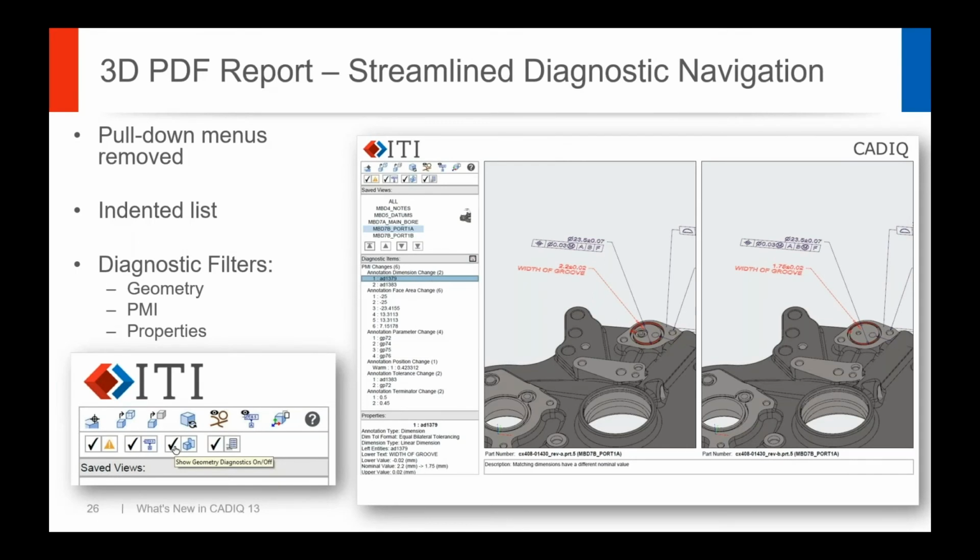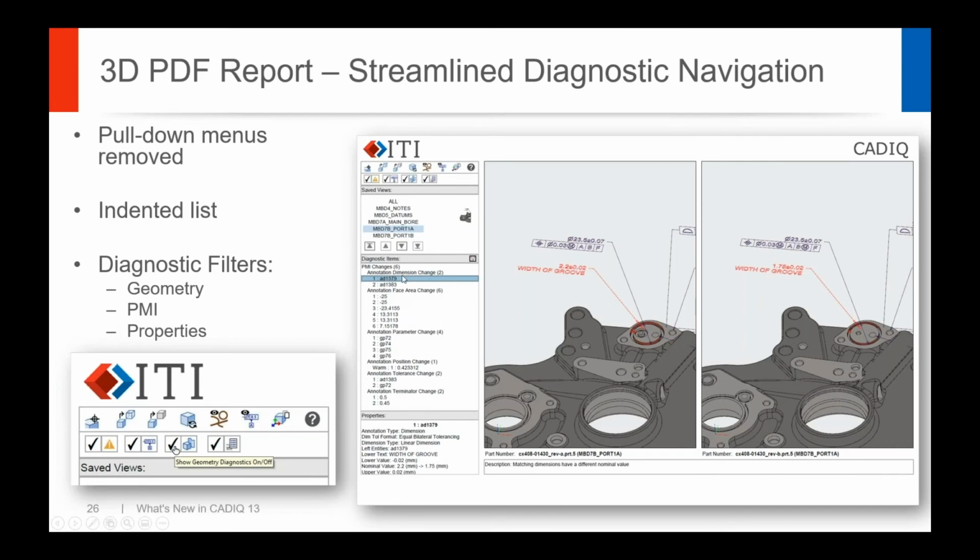Most recently, the diagnostic items are now presented in an indented list, whereas in previous older versions of CADIQ, you had a couple of pull-down menus in the PDF report that you'd pull down and select whether you wanted PMI change or geometry change or attribute change. And then based upon that selection, you'd get the list of diagnostics that were shown there.